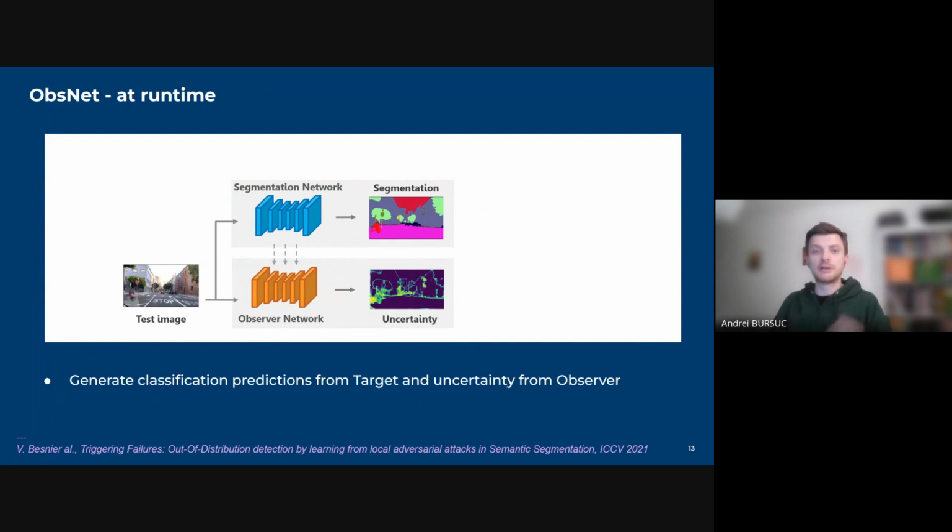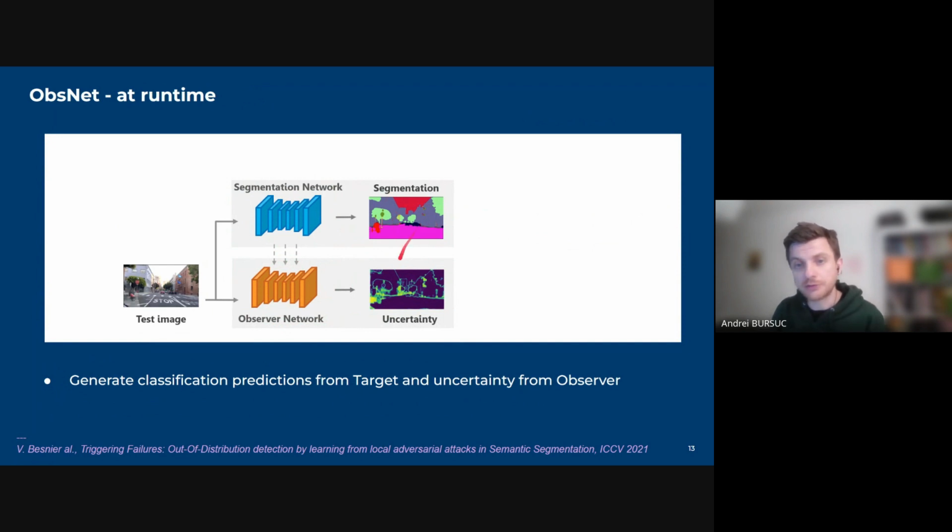We pass it through the semantic segmentation network and the observer network at the same time. The observer, with skip connections, can also take the features from the target network. It's essentially plugged into it. As I said, we don't necessarily need to have the same architecture. It can be just a few layers at the end that are branched to the features of the segmentation network, and our model now predicts the segmentation.